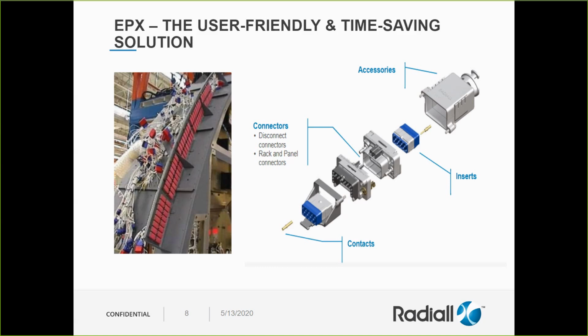Just because you'll be able to get a denser application of contacts on a smaller area, right? But to add to that, the EPX for reference is more often than not, and I've never seen it happen in my own personal experience, will always be a more cost-effective solution than the 38999s.